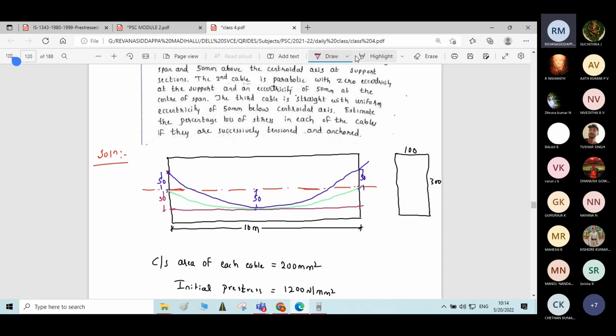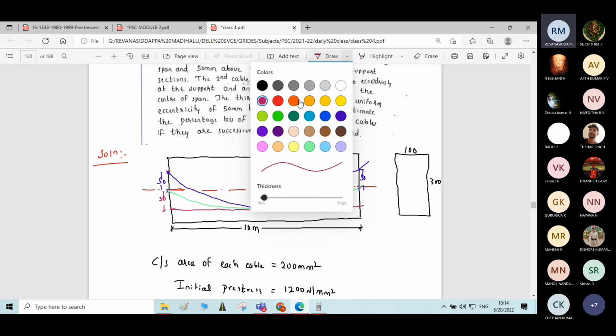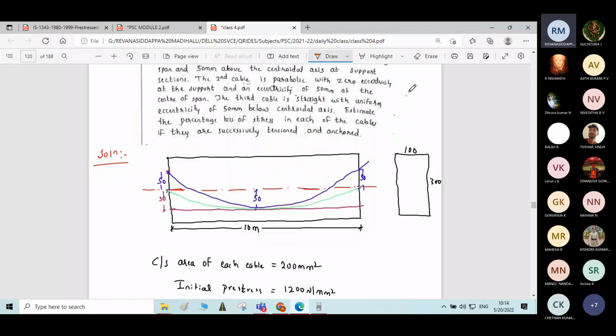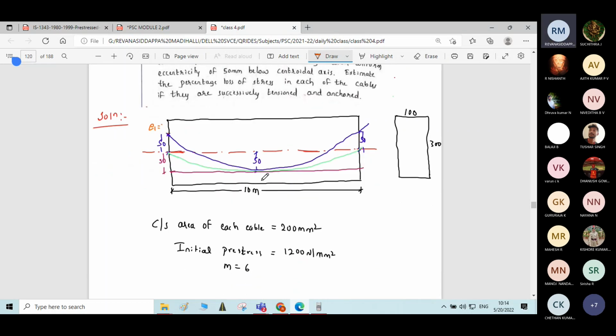Therefore, for cable 1, the eccentricity, I will call it E1, is 50 mm. And one more important thing, students: eccentricity below the central axis is represented by a positive sign and eccentricity above the central axis is represented by a negative sign.